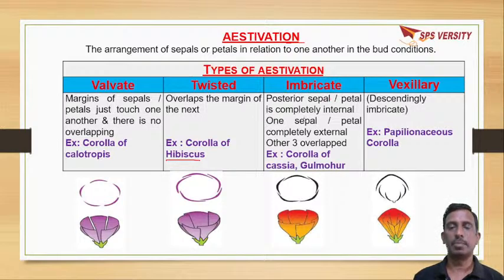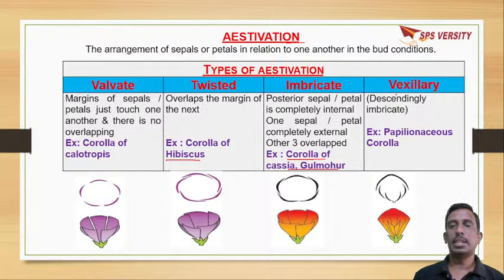So here you can see. The posterior sepal or petal is completely inside. Okay. And one is completely outside. Remaining three are overlapped. So it is called imbricate estivation, Corolla of cassia and gulmohar.